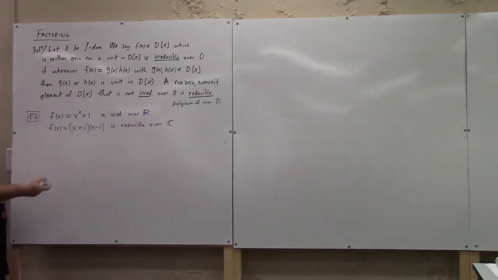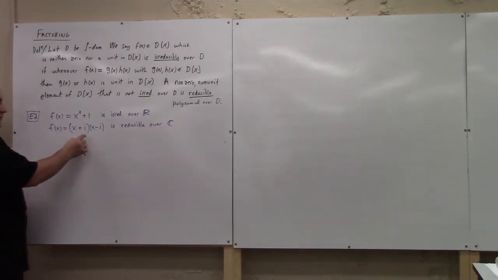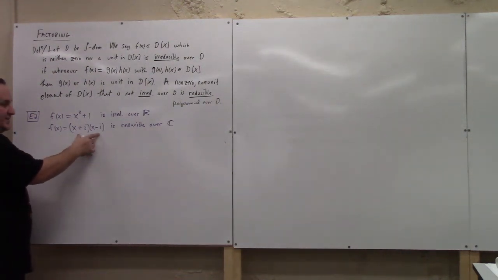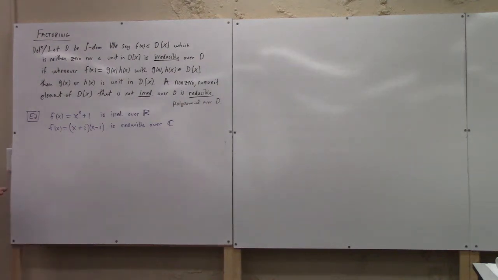So a polynomial can be irreducible over one field and reducible over another one. Irreducibility is a question of where you're taking the polynomial from. What do you allow as factors, right? If we're just studying the theory of real factorization of real polynomials, we're not allowed to do this thing of plus or minus I, right? It is forbidden.